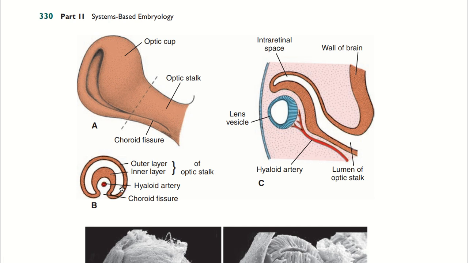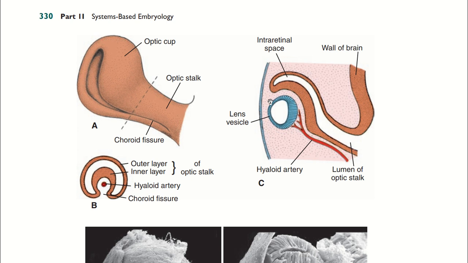This optic cup is not going to grow or proliferate inferiorly. Therefore, there's going to be an opening in its inferior aspect, which is called a choroid fissure. So this is your choroid fissure, and this is your choroid fissure right here. This is a longitudinal section, and you can see that inferiorly it is open.